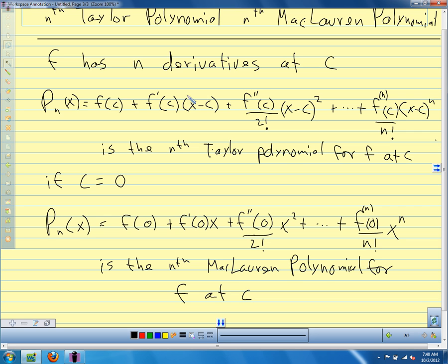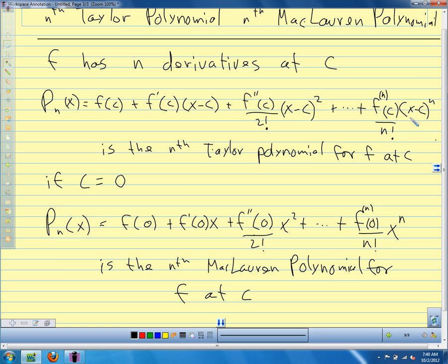And the reason that this takes this form, just to re-emphasize what we've done, is this polynomial now satisfies the requirement that our functions agree at our point of interest c, our first derivatives agree at c, our second derivatives agree at c, etc., for as many terms as we want to take.